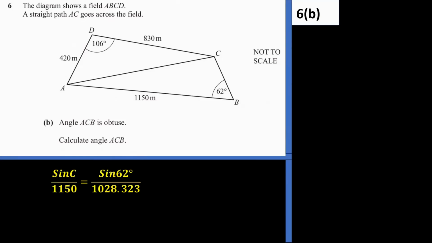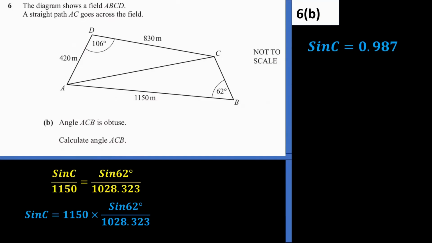Remember, we are now using the raw value, not the approximated value, so that we do not get ourselves into approximation error. If we make sine C the subject, that gives us 1,150 times sine 62 over 1028.323. So sine C, if we multiply out, is 0.9874.